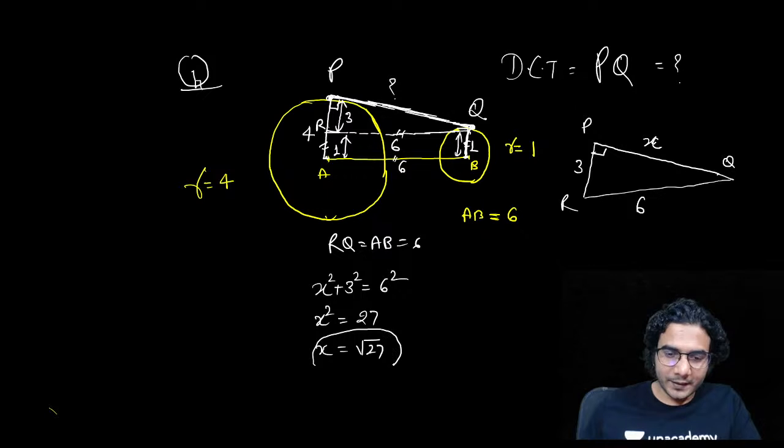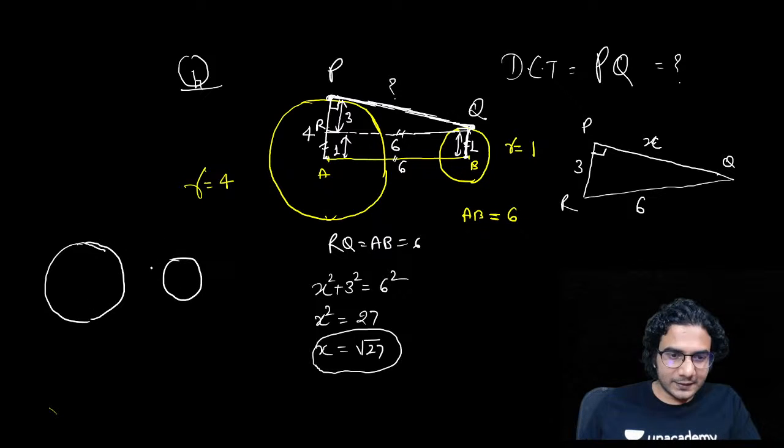Okay. So this is a formula for direct common tangent. Direct common tangent का मैं formula बता देता हूँ तुम्हें. So it will be good for you.